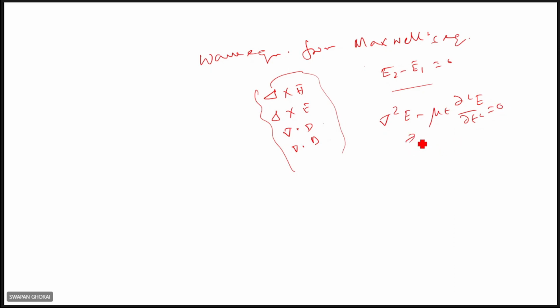So these wave equations we have solved with the boundary conditions. To get this, we considered the curl of H. We have written the different components, E r, E phi, H r, H phi, in terms of Ez and Hz.